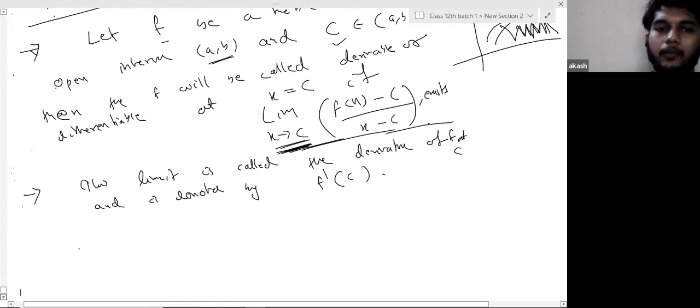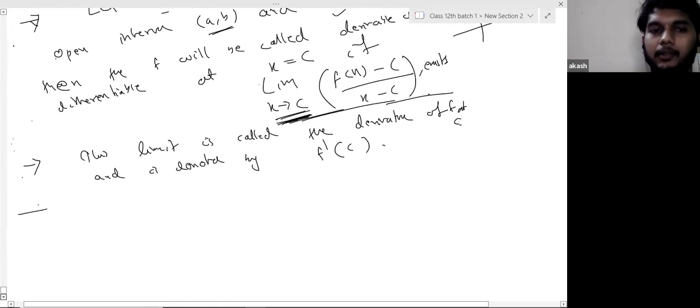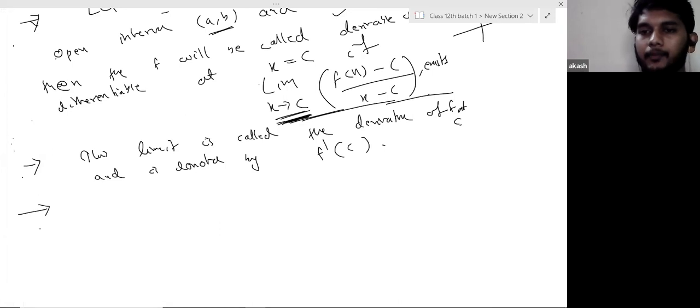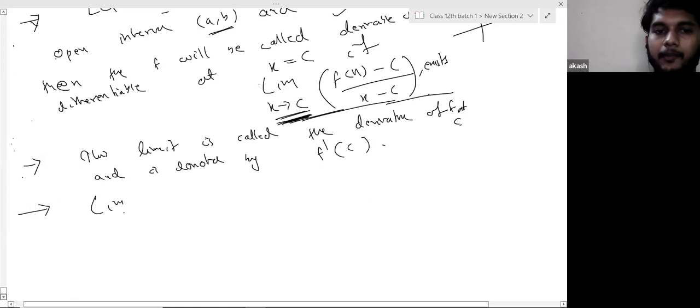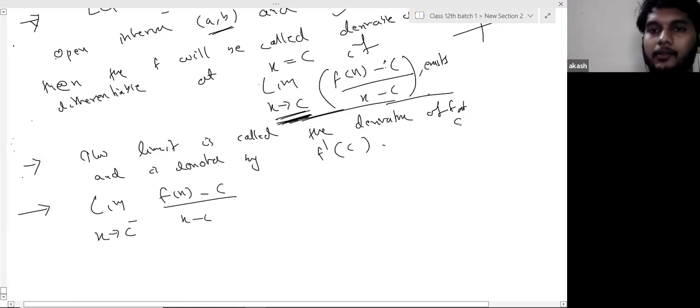All right, so what do we mean by limit exists? If limit exists, that means LHL should be equal to RHL, right? Yes, sir. So what will be LHL here? Limit x tending to c minus of f(x) minus f(c) upon x minus c.